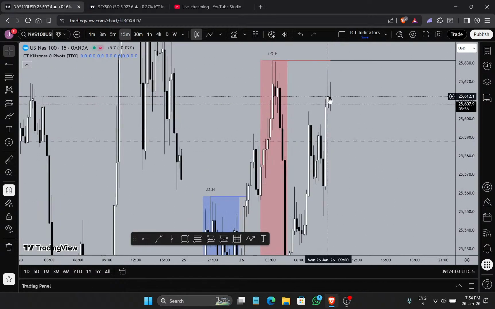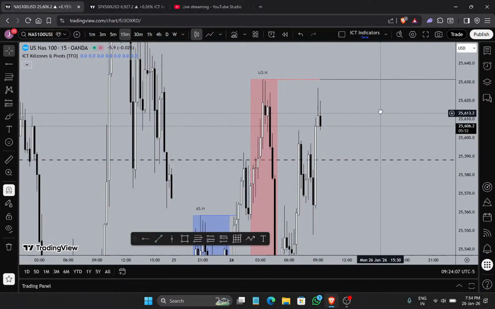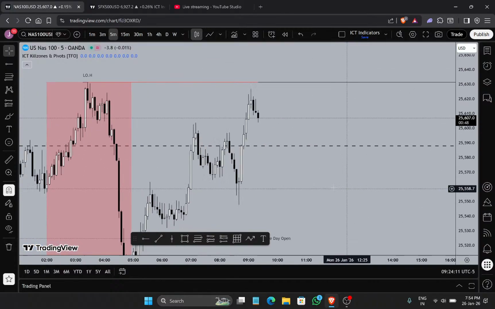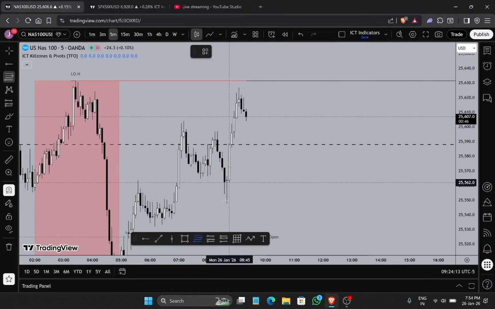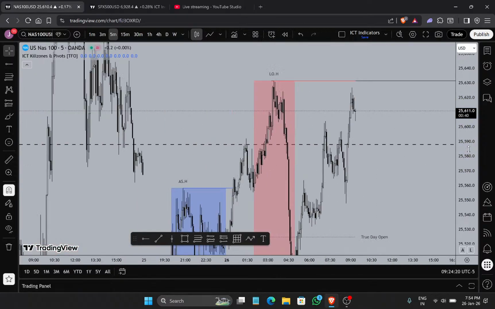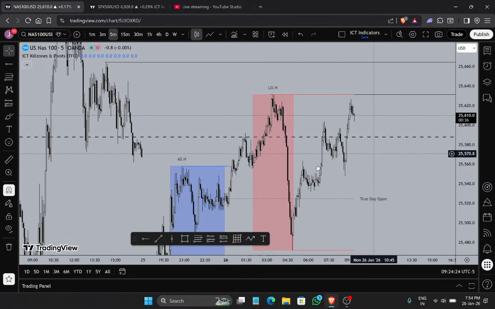What I'm expecting is delivery into this 15 minutes, just like we have here. Maybe a little bit more to the premium or discount zone. Like we can expect this to this level. So yes, today's opening range is this black zone.